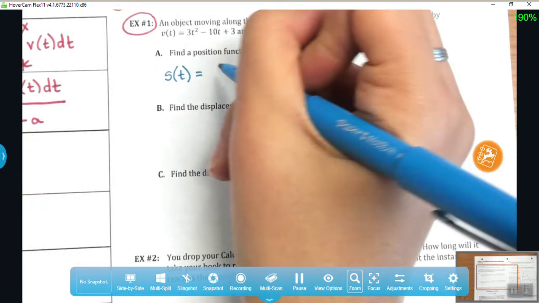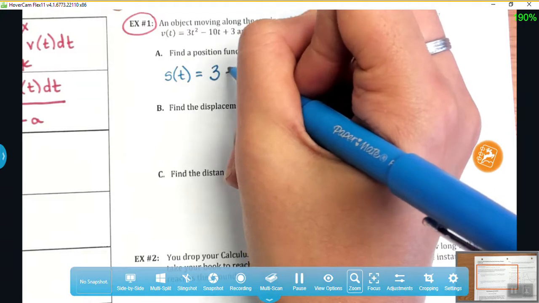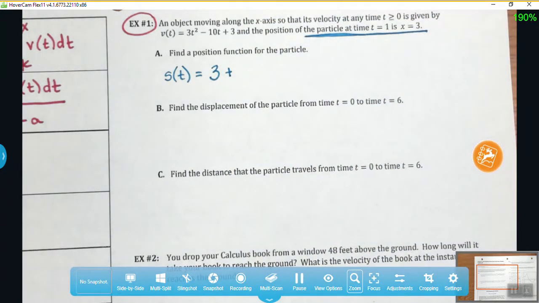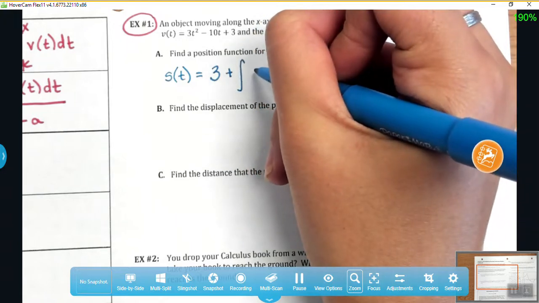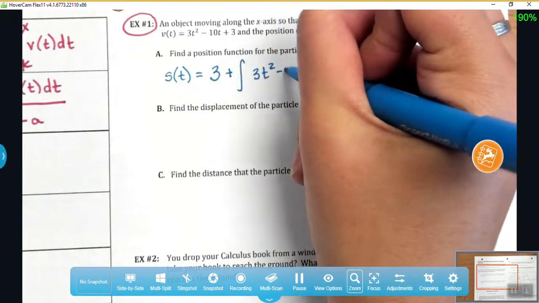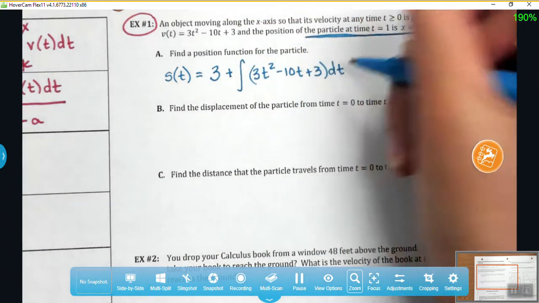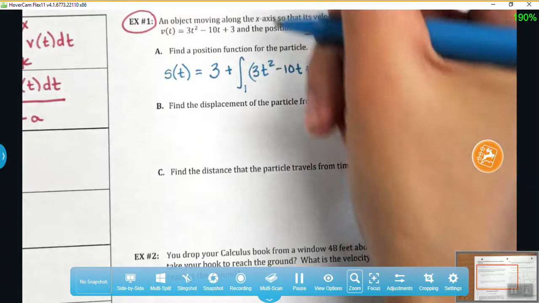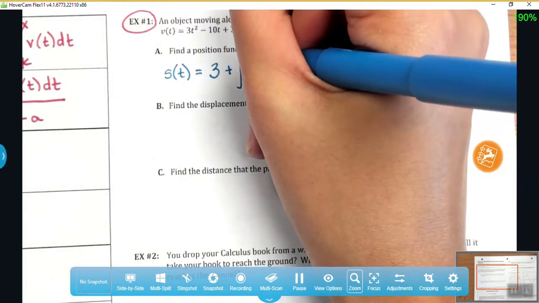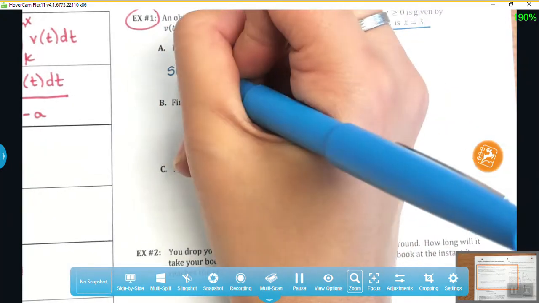So I can say my position is going to be 3 plus my total change of velocity. Can you show v of t? Yes, you can just write v of t. From what to what? Let's go 1 and then x or t, whichever one. Then this would be s of x.